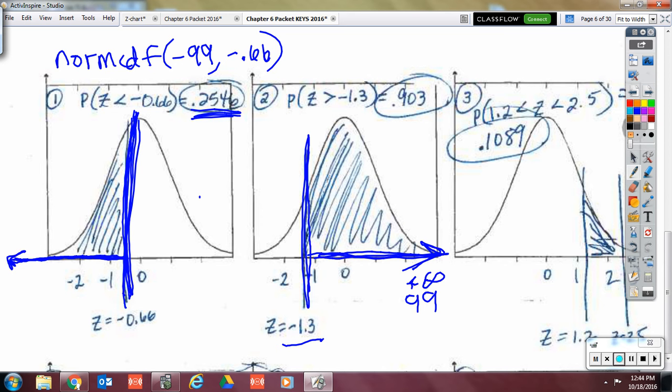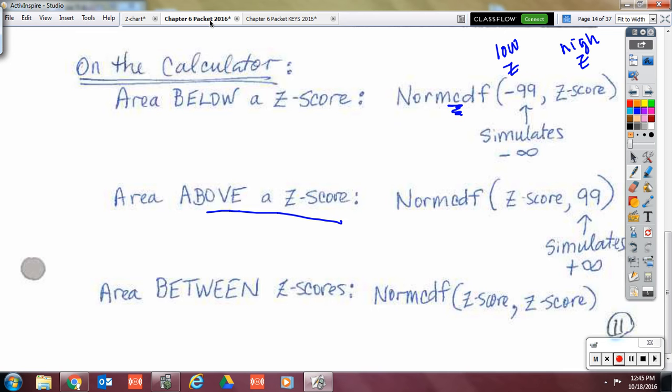Because how many standard deviations are really on a normal curve? You go up how many, and you go down how many? 3, thank you. Up 1, 2, 3, down 1, 2, 3. So imagine 99 standard deviations out. Do you think that's simulating very, very far out there? Yes. So what we will do is go into our calculator and we will do norm CDF from that z-score up to 99 standard deviations, because that is simulating our positive infinity.